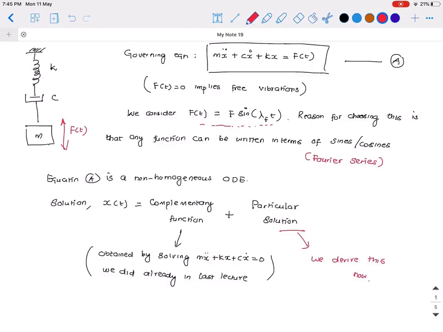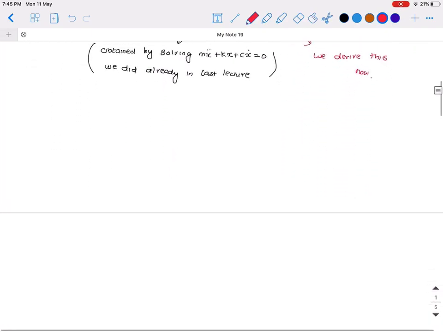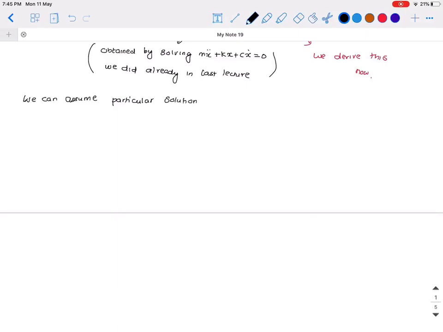We can assume that the particular solution, let's say x part of t, is of the following form. We can write this as x m, which represents the magnitude of the oscillations, sine lambda f t minus phi.